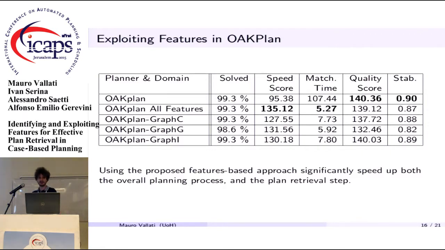And what we can basically see is that using the proposed approach significantly speeds up both the overall planning process, which is described in the speed score, which is basically the IPC speed score, and the plan retrieval step, as highlighted here, where the matching time is the average matching time in CPU seconds. And basically, we have a couple of orders of magnitude here. And in terms of quality, we are basically very close to the original approach.